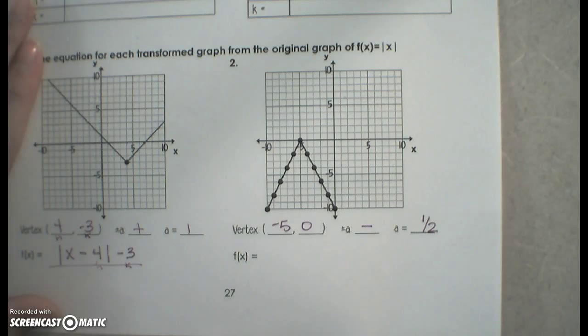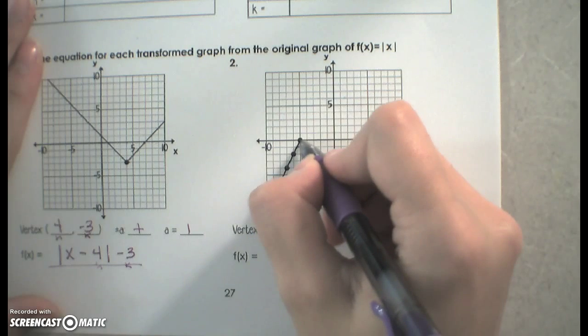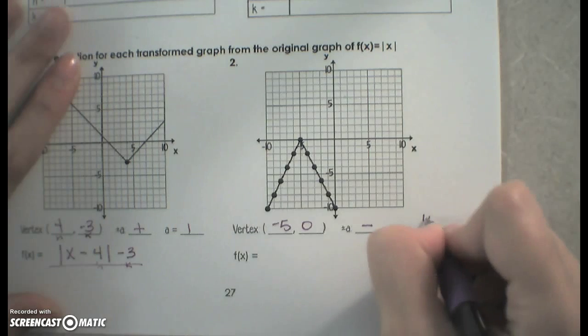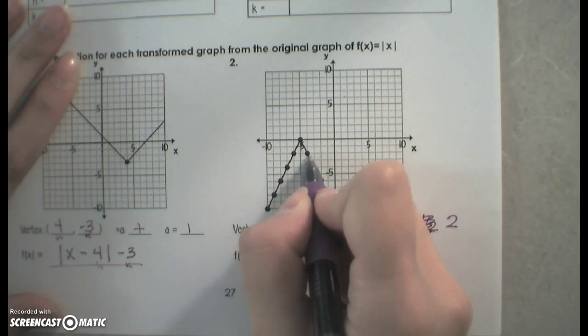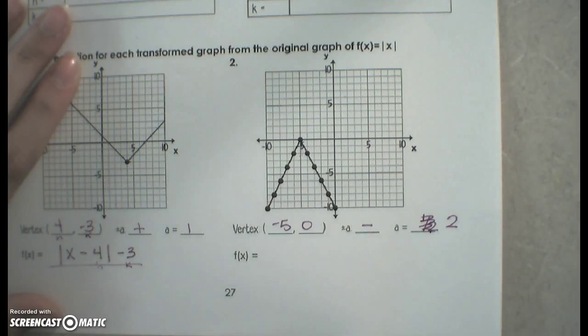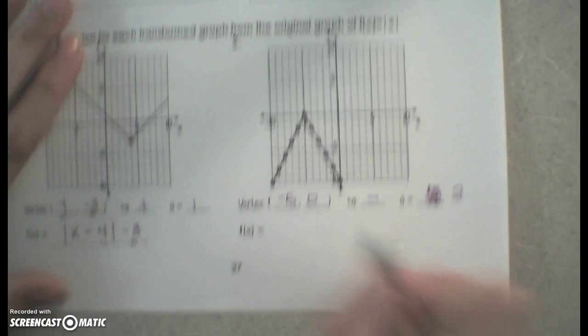No, sorry, backwards. It's a rise of 2 and a run of 1. So rising 2, running 1. It's hard when it goes the other way. All right, so now let's fill that in.